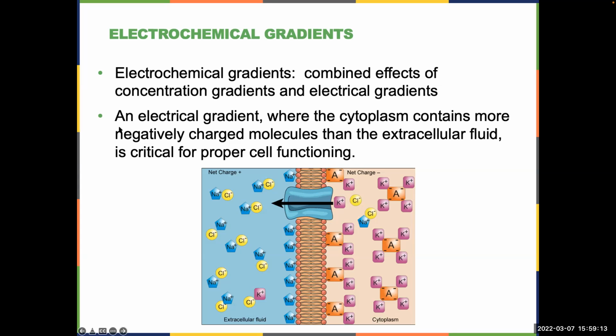An electrical gradient, where the cytoplasm contains more negatively charged molecules than the extracellular fluid, is a major concept when thinking about the body and how the cells of the body function. And the classic example is thinking about your nervous system and how nerve impulses can be produced and transmitted.